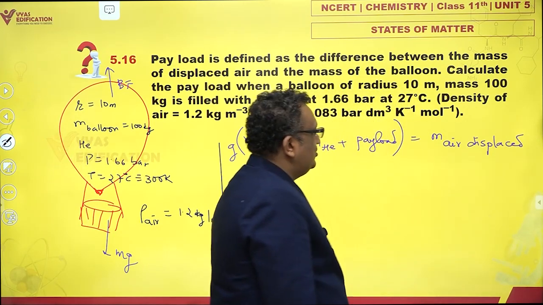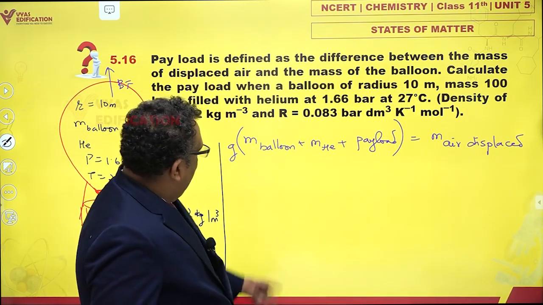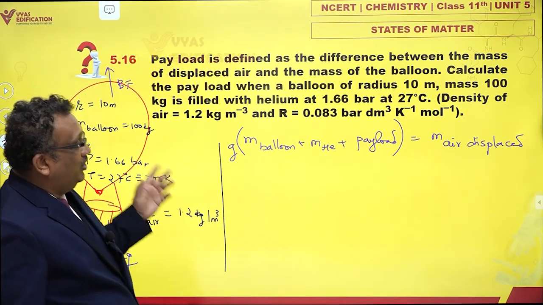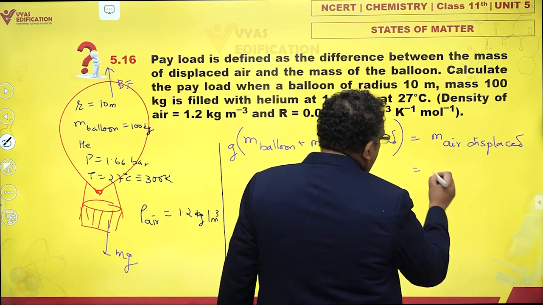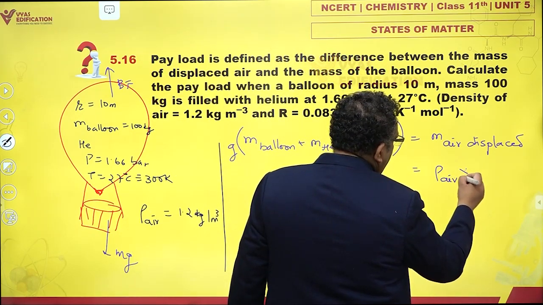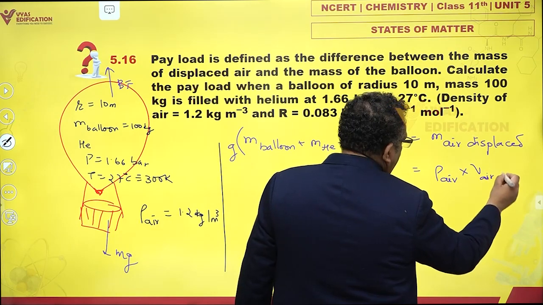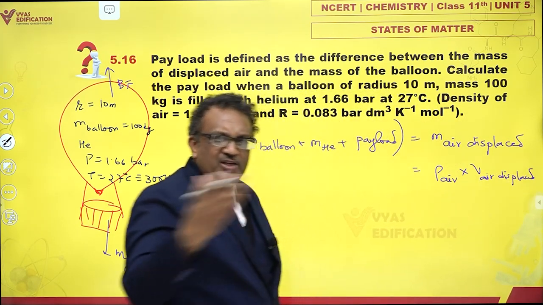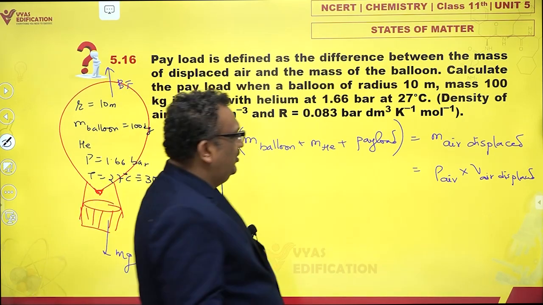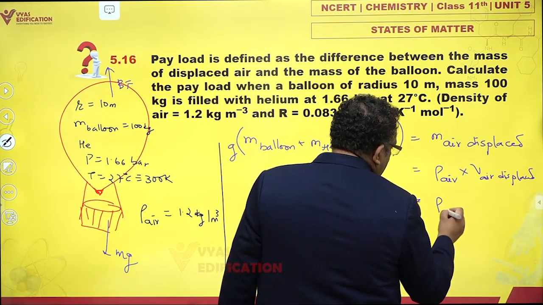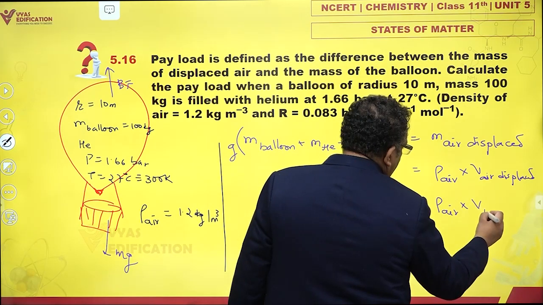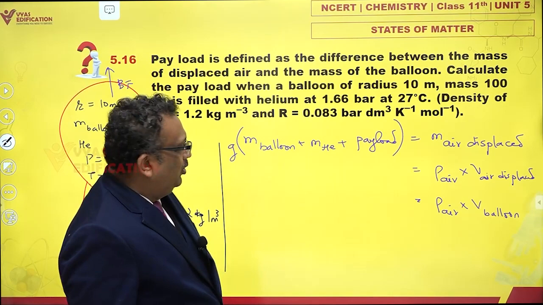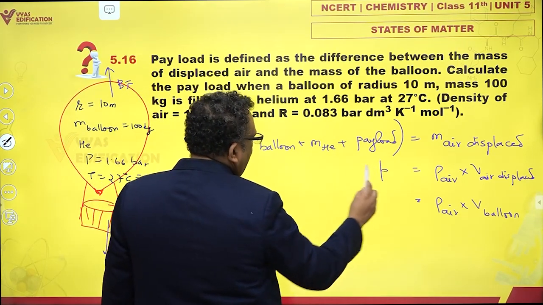All this must be equal to this, right? And mass of air displaced must be equal to density of air into volume of air displaced. But how much air has been displaced? Same as volume of balloon. Density of air into volume of balloon. Let us say payload is some number P.